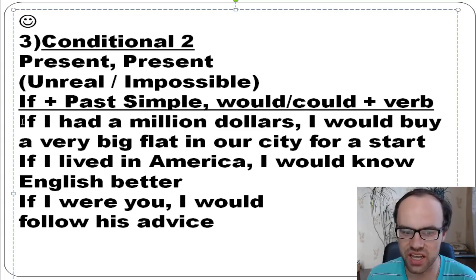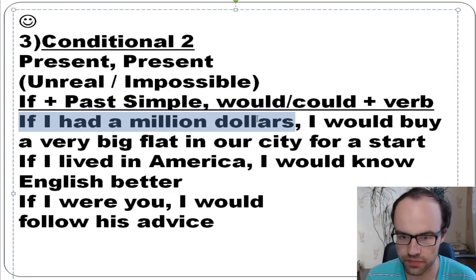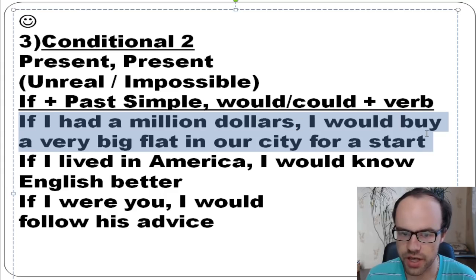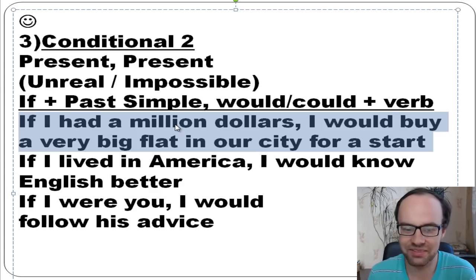Okay, so you see, if I had $1 million, I would buy a very big flat in our city for a start. So if I had $1 million, it's unreal, impossible, so I don't have this money. I have little money, not $1 million. So it's in my imagination, it isn't true now.